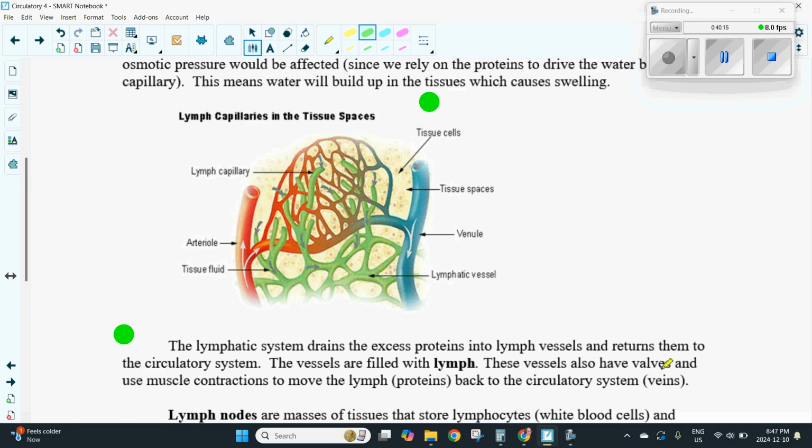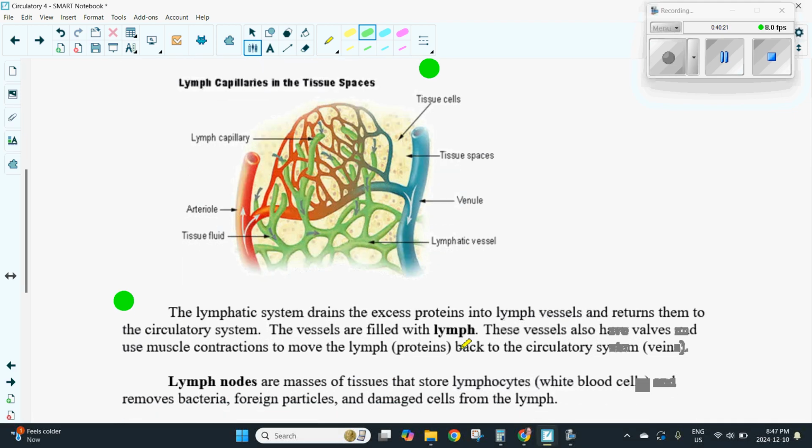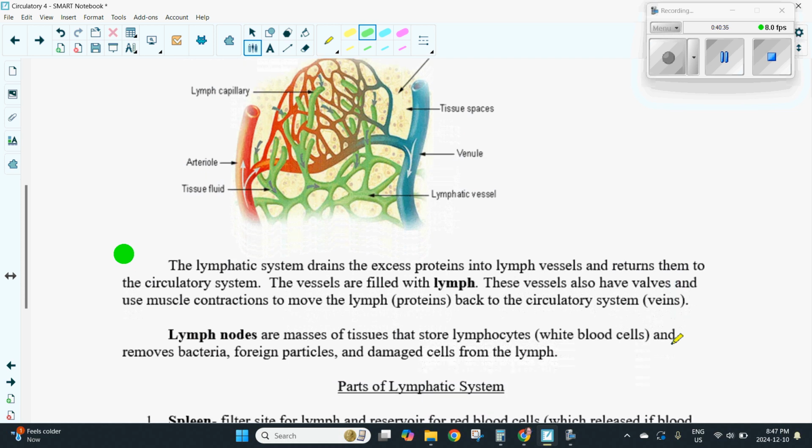These vessels also have valves and use muscle contractions to move the proteins as well as the lymph back into the circulatory system in the veins. So basically what you need to know from this is the lymph vessels will clean up any extra proteins that have leaked out and bring them back to the circulatory system.